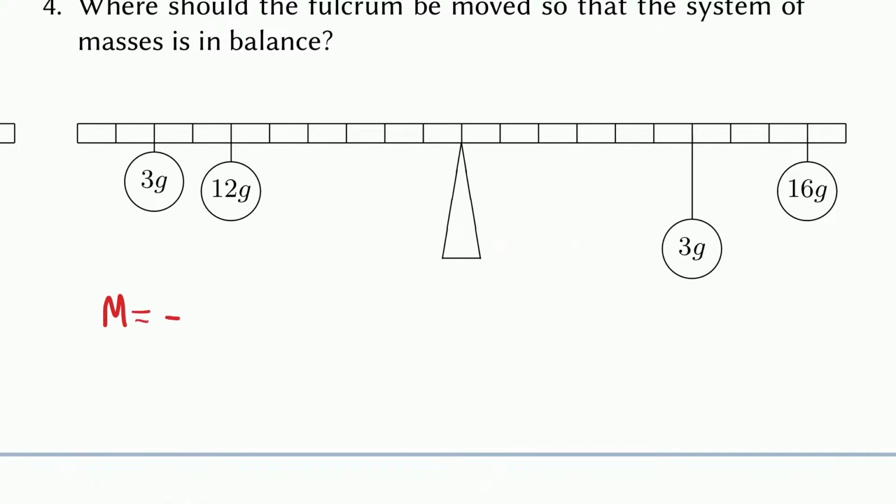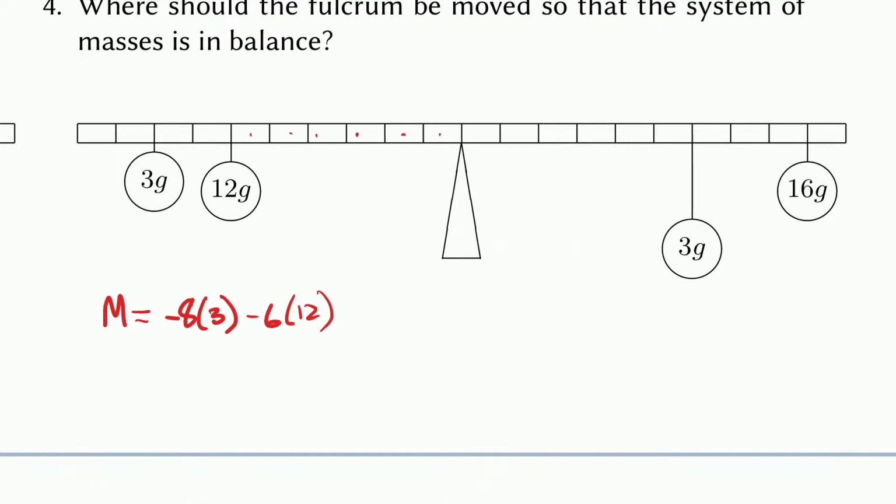So we have -7 times 3. That's the distance of the 3 gram mass, minus 5 times 12. So the 12 gram mass is, 6. Sorry, I just can't count. This is 6 and this is 8. I better double check. 1, 2, 3, 4, 5, 6.